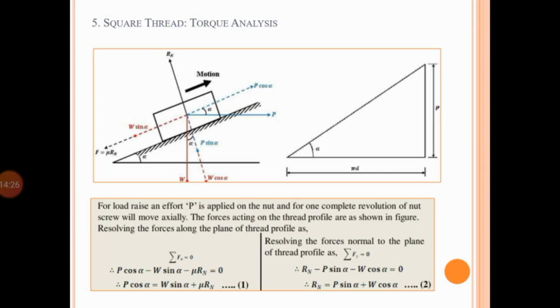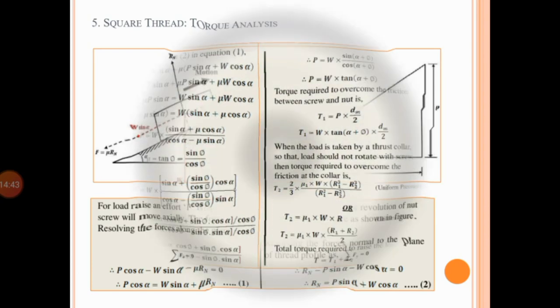And of course we have already seen in the terminology the relation between lead and pitch, so it will be highlighted by tan alpha. Both sides are joined by the closing side, the diagonal, with an angle alpha.